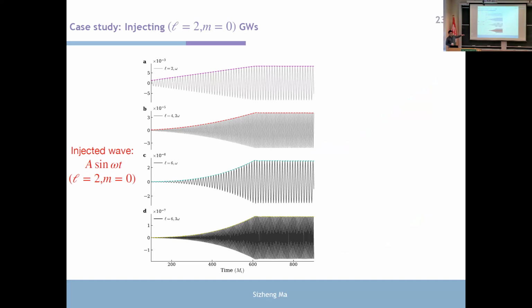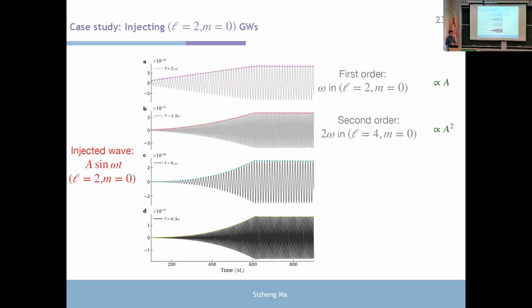Here, this plot shows each angular and frequency component as a function of time. In the top panel, we have the first order linear response. This is the omega component in the 2-0 harmonic. And we have confirmed that its profile scales with the injection amplitude A. So indeed, it's the first order effect.